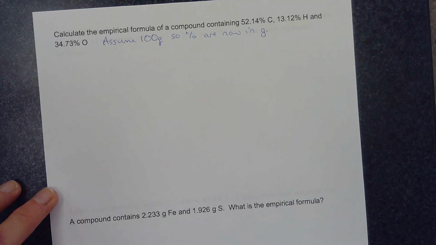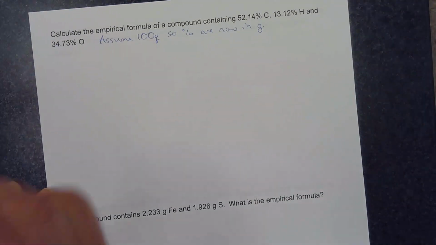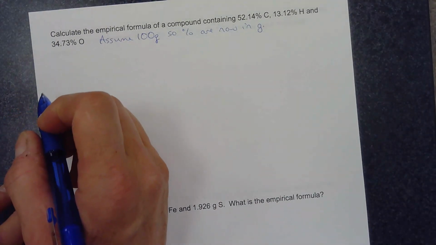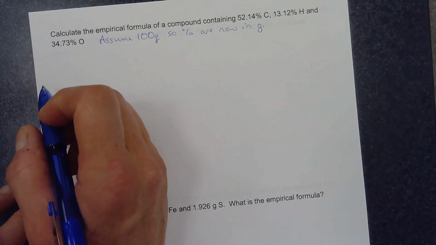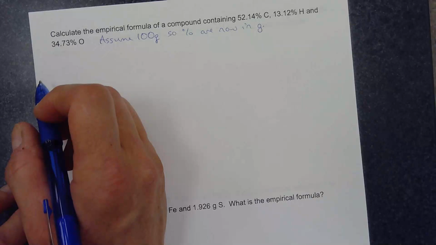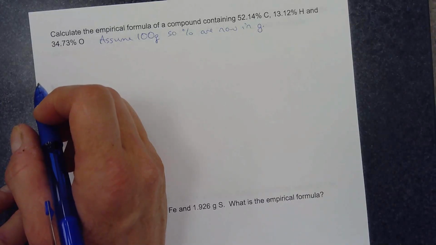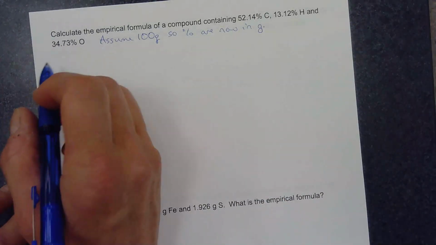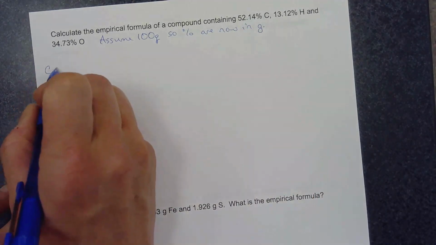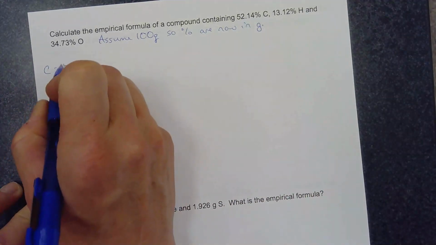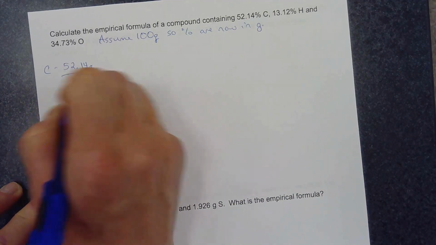So what are we going to start with? Let me show you my setup. I think this will make it easy if you'll do my setup, okay? I know a lot of you may have done this before and you may have your way of doing it. Try this. I think it makes it simpler and it keeps it all in one row, okay? So watch what I'm doing, please. Carbon. How many do we have? 52.14 grams.